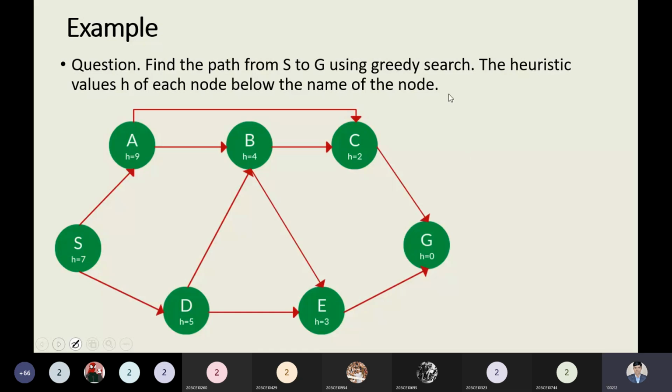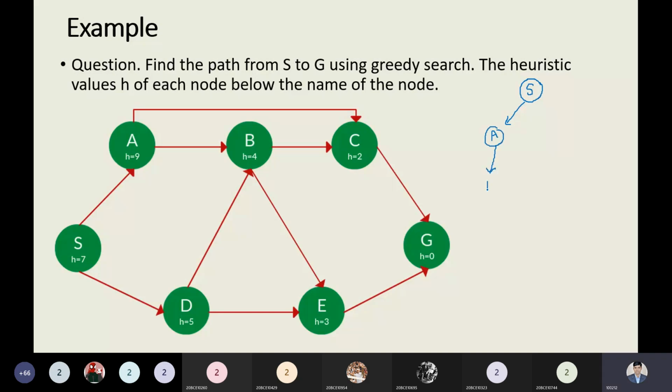First, let me draw this graph, so your idea will be more clear. Starting from S, our starting node. S to A we have, so I can take S to A, and A to B can go.